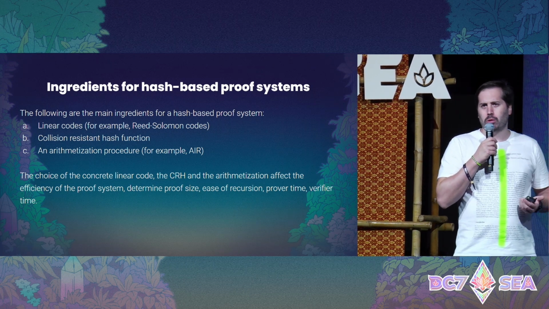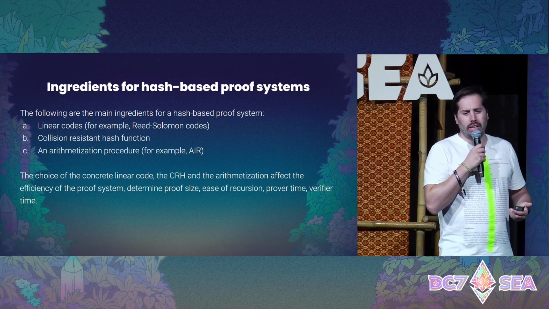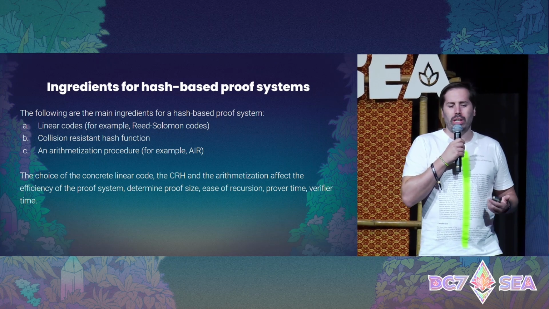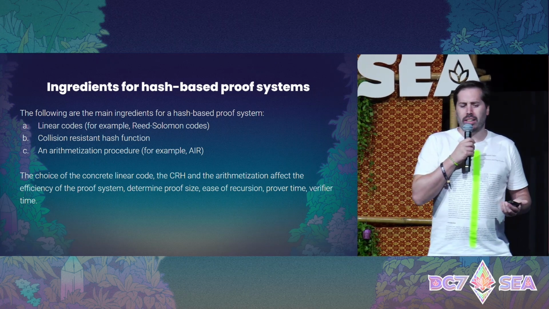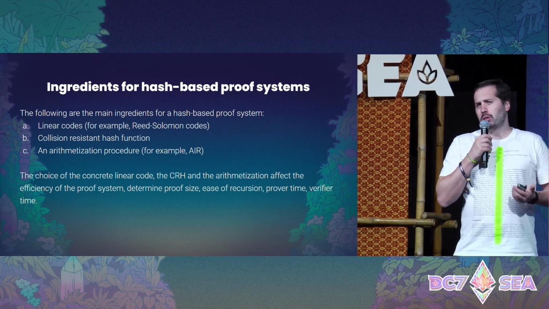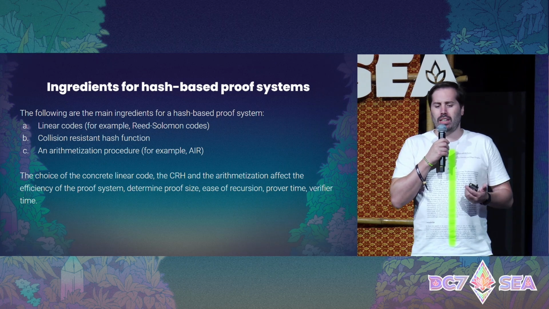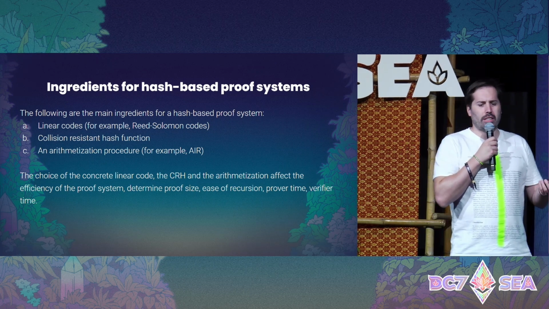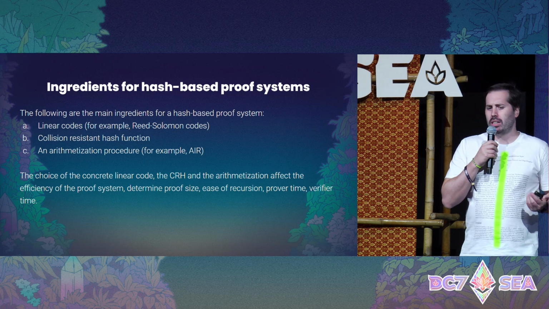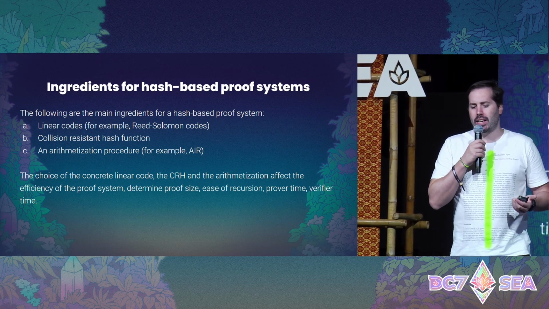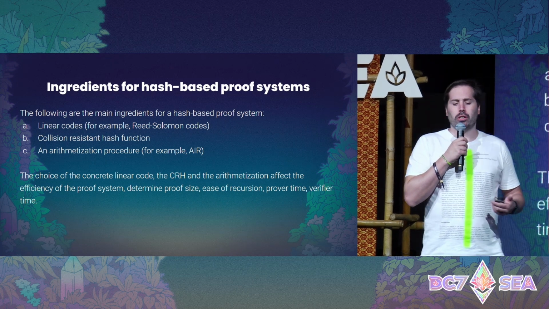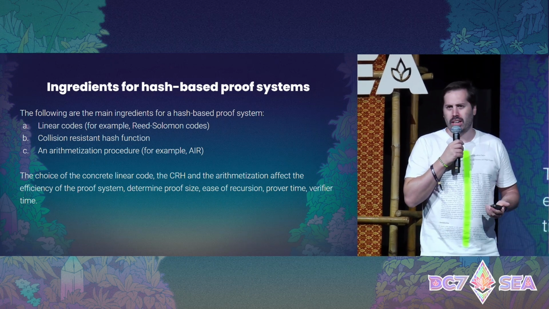And the idea is that we are going to commit to these code words. And then we need an arithmetization procedure, for example, an algebraic intermediate representation. So the concrete choice of the linear code, the hash function, and the arithmetization will affect the performance and efficiency, determining proof size, whether it's easier to do recursion, prover time, verifier time, okay?